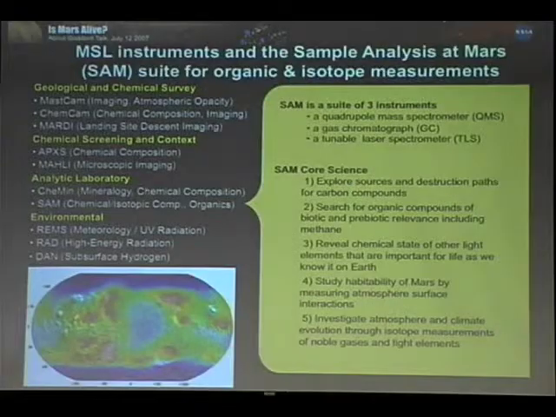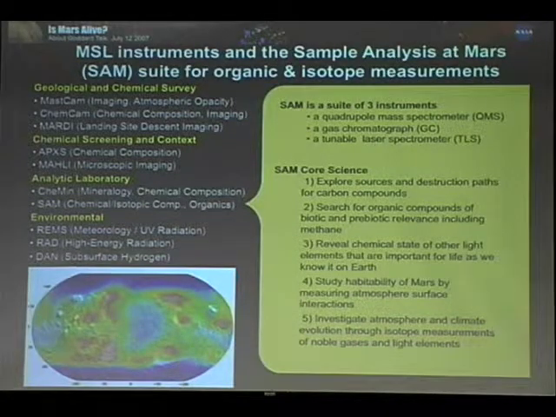And if the rock's really interesting, then we take it to what's called the analytic lab on Mars Science Lab. And half of the analytic lab is the experiment I'm leading, which is this suite of experiments that measures isotopes and organics. And the other half of the lab is an X-ray diffraction, X-ray fluorescence experiment, which is a definitive way of identifying minerals.